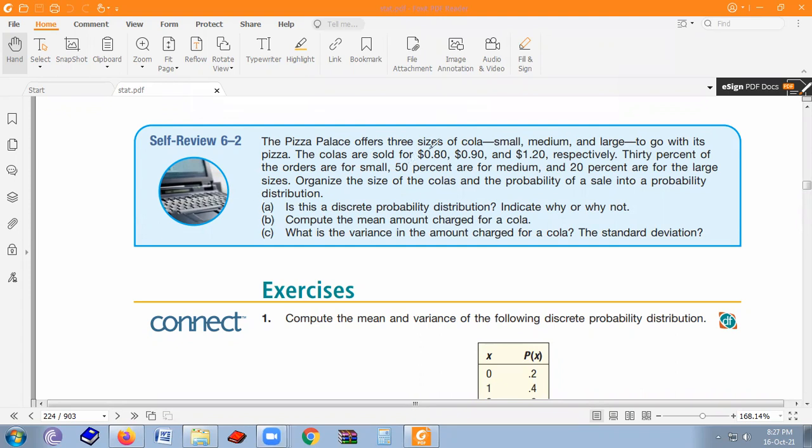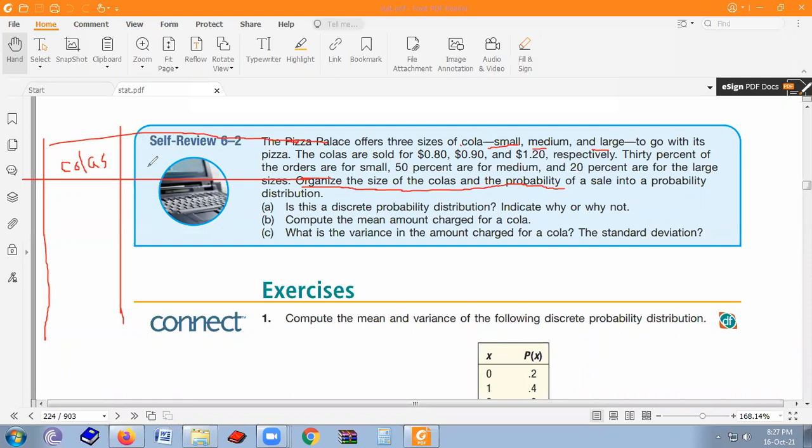Okay, so there are 3 types of cola. One is called small, medium, and large. So you have to organize the data into a probability distribution. Here we can write the price along with the size. First we write the size, then price, and then probability.